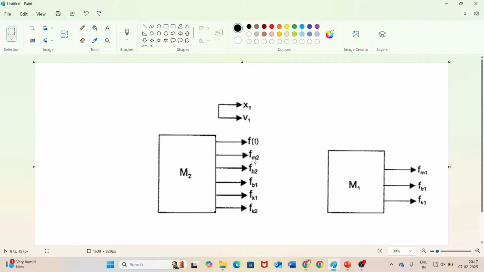You people can draw the free body diagram and proceed. If you get the answers, this 2 is okay for me.